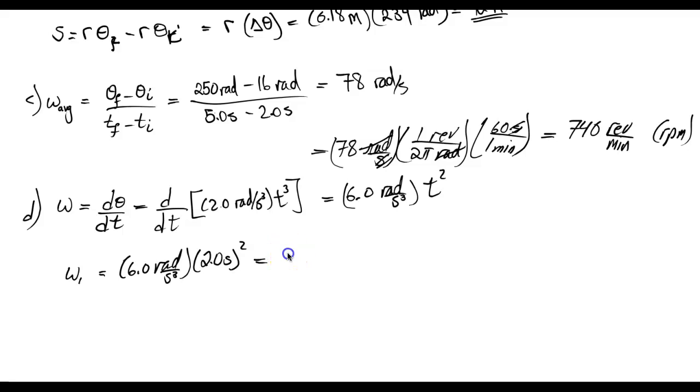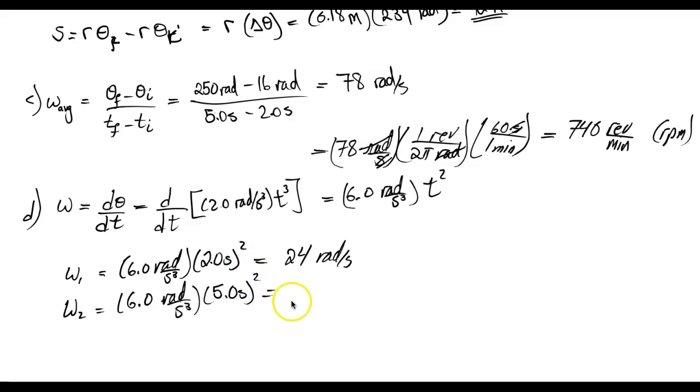That will give us 24 radians per second. Notice that the units work out beautifully. The second one is 6.0 radians per second cubed times 5 seconds quantity squared, and that gives us 150 radians per second.